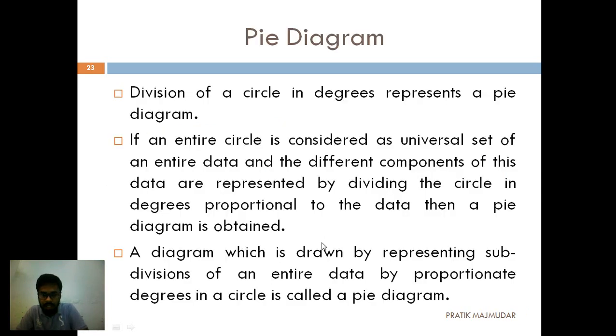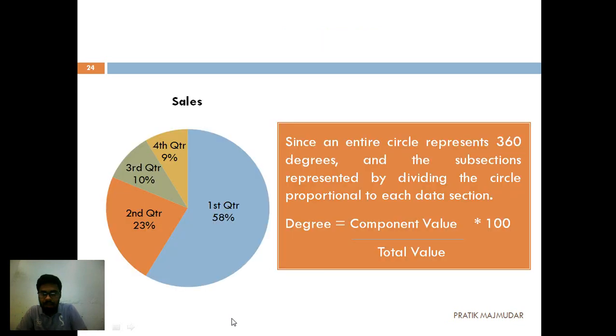These 4 quarters are divided proportionately in a simple circle. You can take the example of a pizza. This is just a pizza divided into different parts.